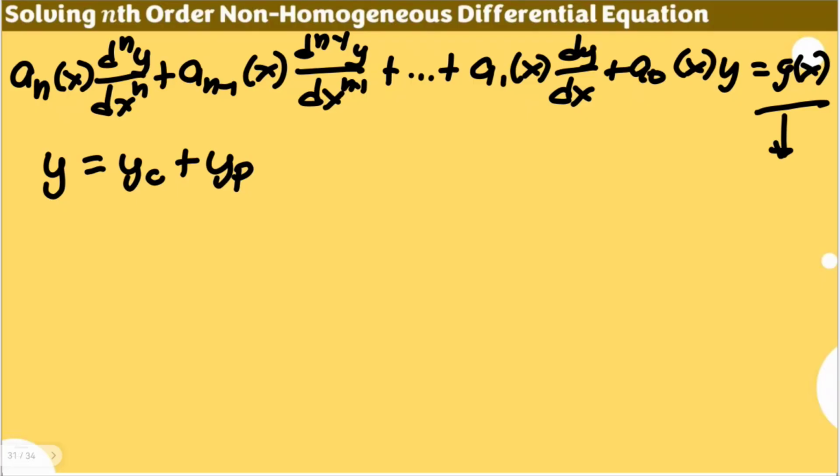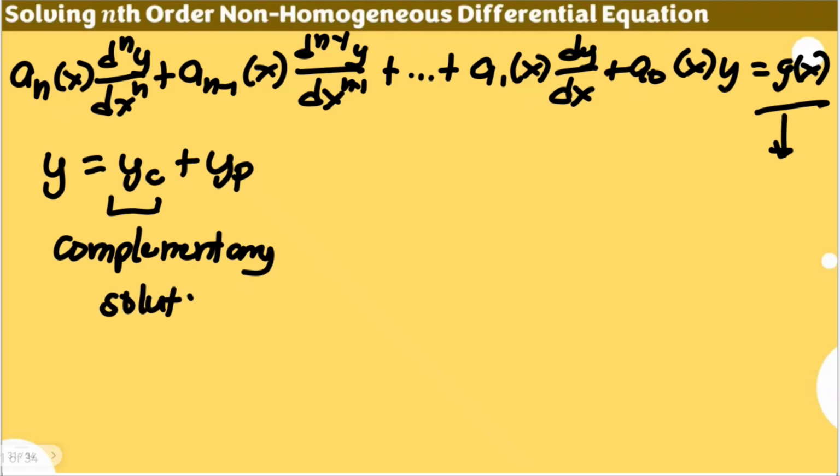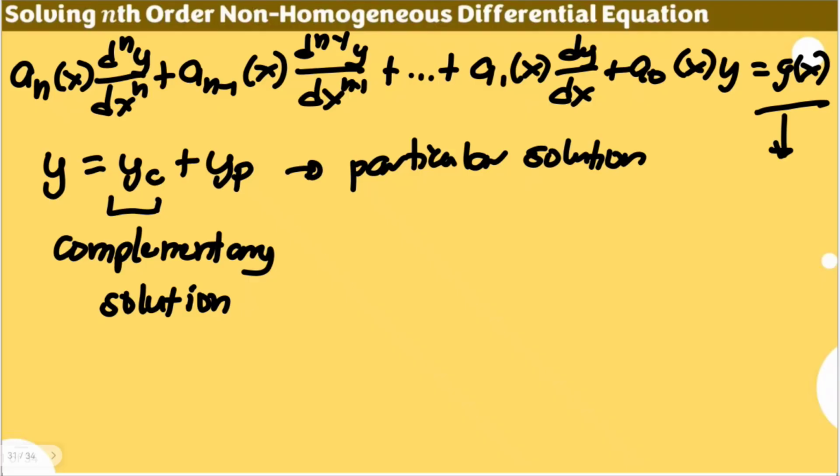Okay, y sub c stands for the complementary solution, and y sub p stands for a particular solution. So this comprises the solution for a non-homogeneous differential equation.